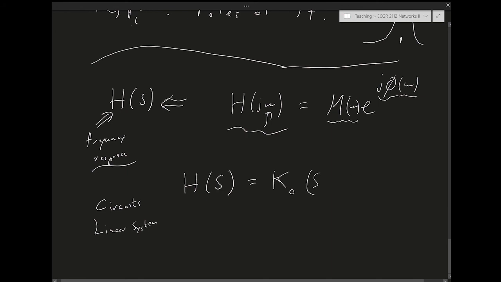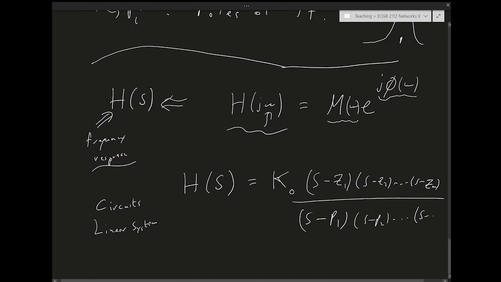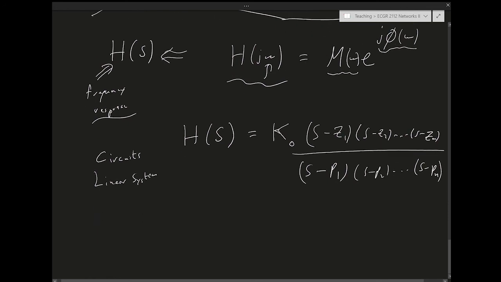It's a numerator over a denominator, and we can represent the numerator as a bunch of zeros, up to z_m, over a bunch of poles, s minus p1, s minus p2, all the way to p_n, and s is just j omega.